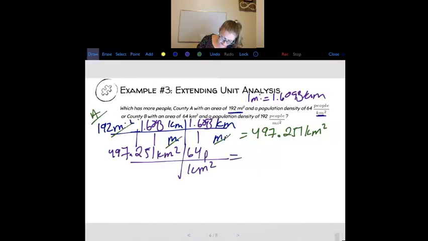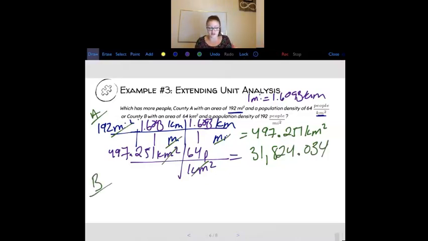Notice kilometers will cancel out, and so we take our number times 64. So this county would have a population of 31,824.034.